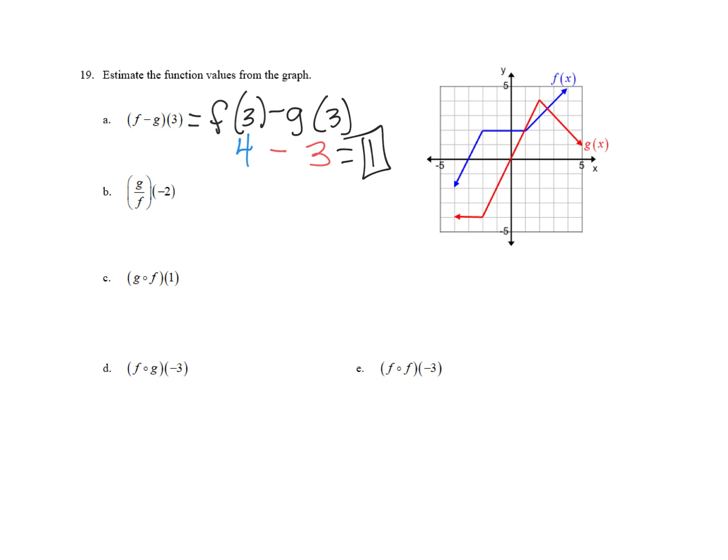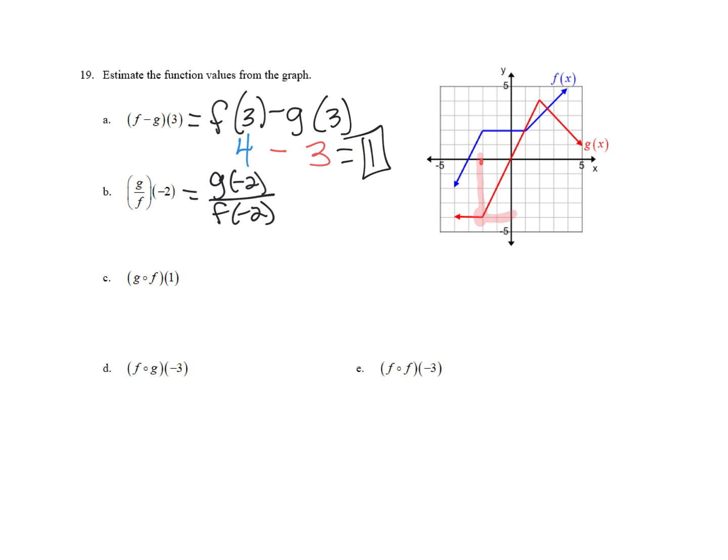What about g divided by f of negative 2? That means we are going to find g of negative 2 divided by f of negative 2. So again, I'm going to go to my graph. Well, what is g of negative 2? Remember, g is the red graph. Negative 2 is here. Let's find what that equals. g of negative 2 is negative 4.